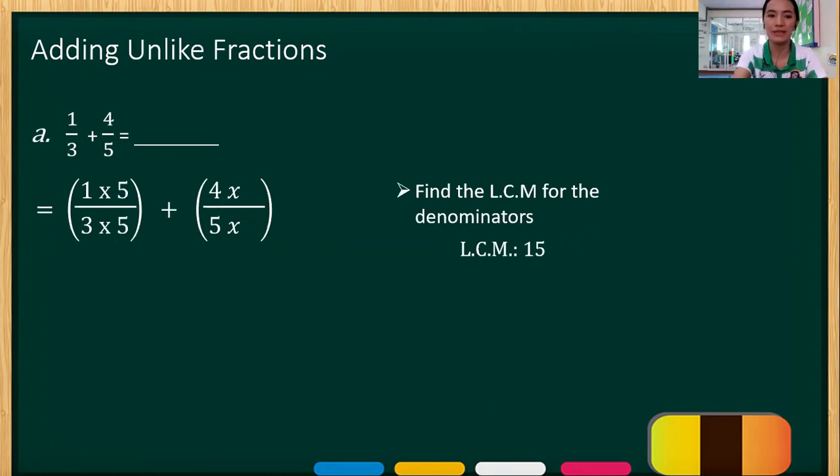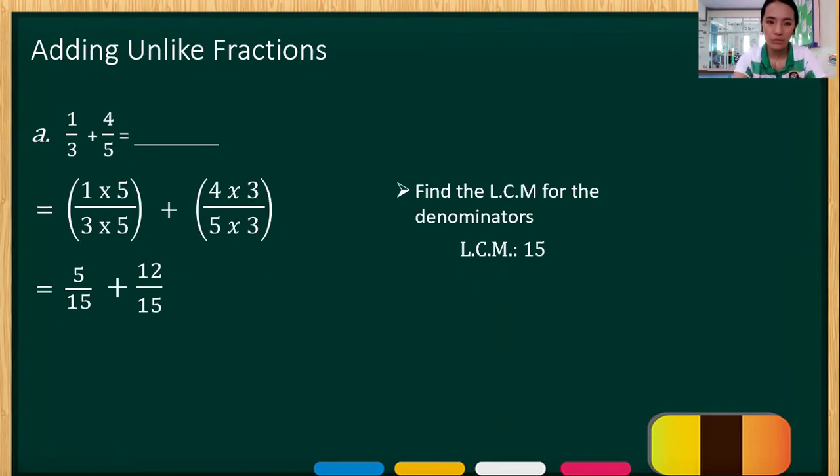The answer is 5. And what will you multiply to 4 over 5 to get 15? It is 3. So 1 over 3 times 5 plus 4 over 5 times 3. The answer is 5 over 15 plus 12 over 15.